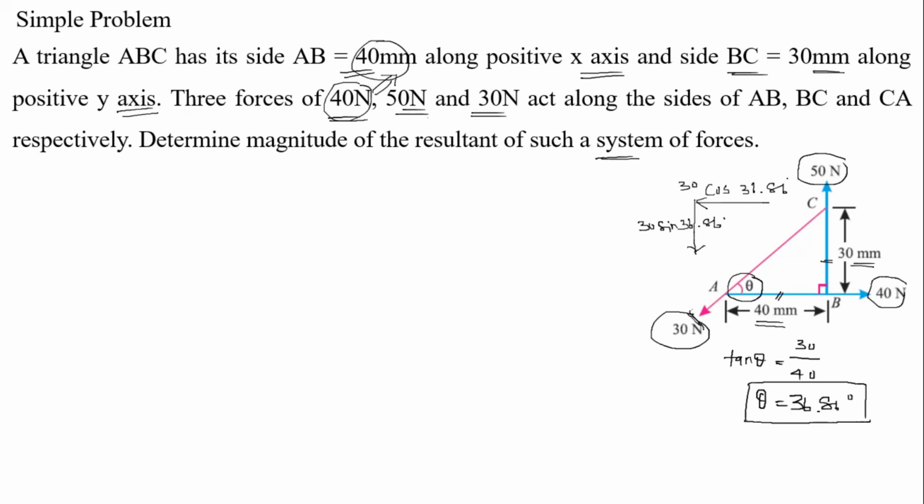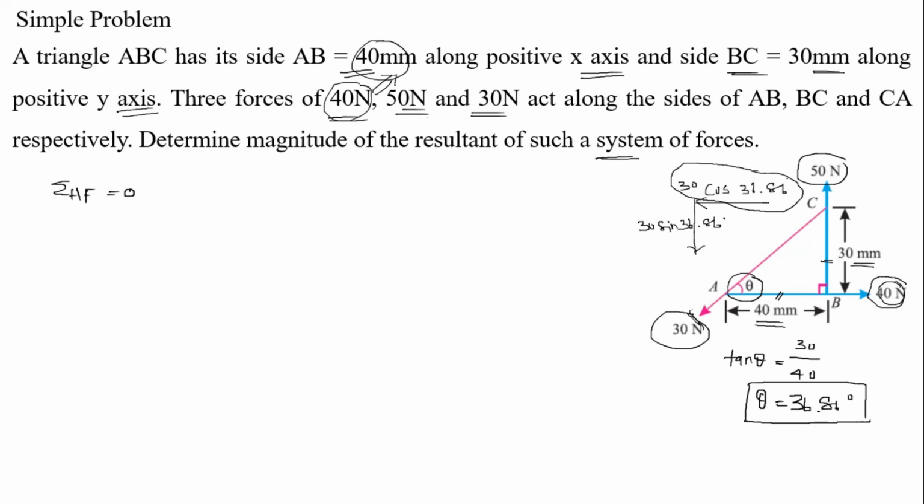So 40 Newton. So let us first solve the sum of horizontal forces. How many horizontal forces are here? 40 Newton is acting horizontally towards the right side, and 30 into cos 36.86 is acting towards the left side.